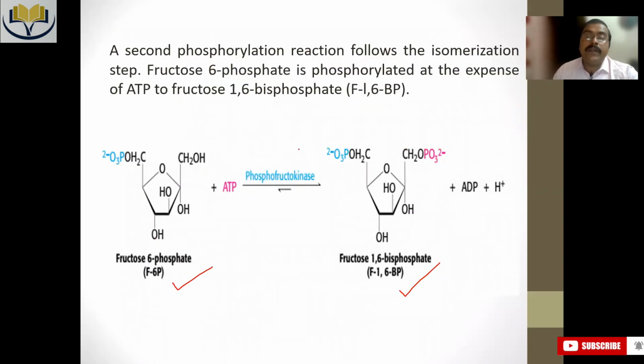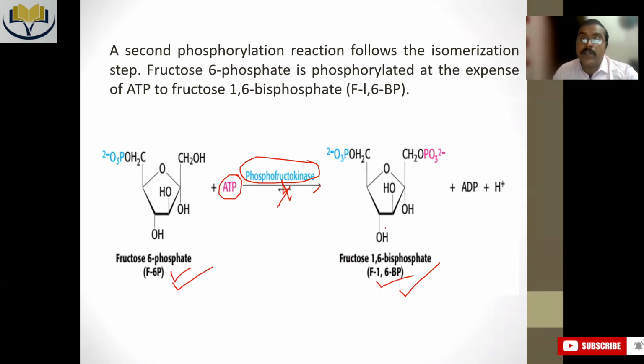The second step involves another phosphorylation based on a kinase enzyme, which is again an irreversible reaction because it involves ATP for a substrate level phosphorylation. The enzyme which is important here is phosphofructokinase, one of the most important enzymes in the glycolytic pathway. Yes, phosphofructokinase is the most important regulatory enzyme in glycolysis. Similarly to the first reaction, fructose 6-phosphate is converted to fructose 1,6-bisphosphate.